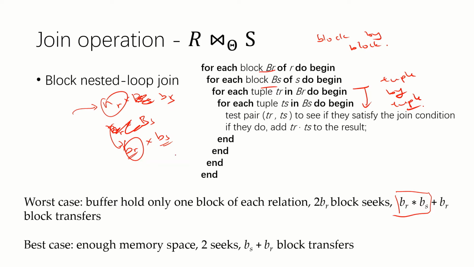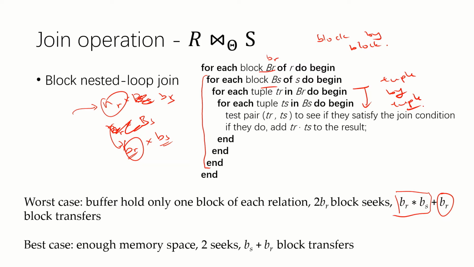So right now, this will be the cost of the transfers on the inner loop. The cost of the transfers of the outer loop will still be equals to br, because that's the amount of time the blocks need to come in.